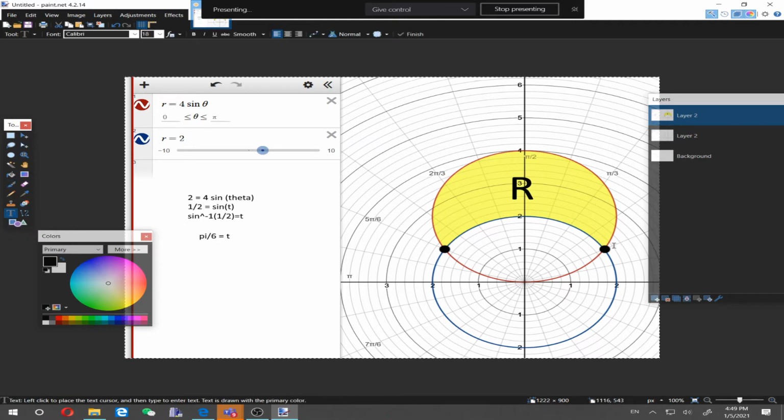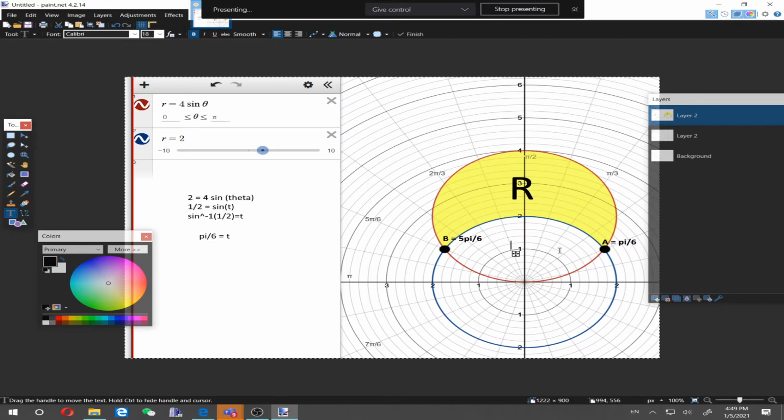Not 7 pi over 6, no. I want 5 pi over 6. 5 pi over 6, perfect. Okay, so I've got A, which is pi over 6, and B, which is 5 pi over 6.